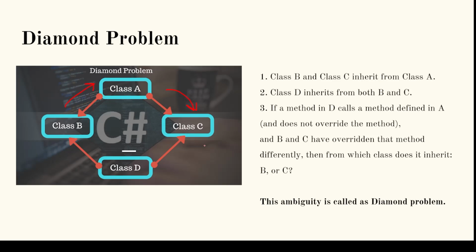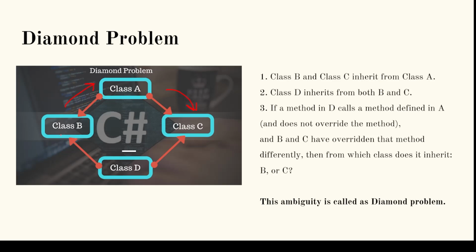If we try to invoke that method using an object of class D, there will be an ambiguity, meaning the compiler will not know from which class we should be invoking the method. This ambiguity is called the diamond problem, because of the shape.